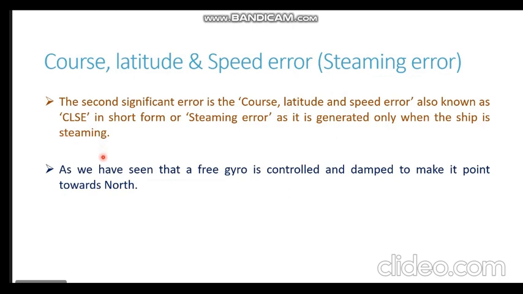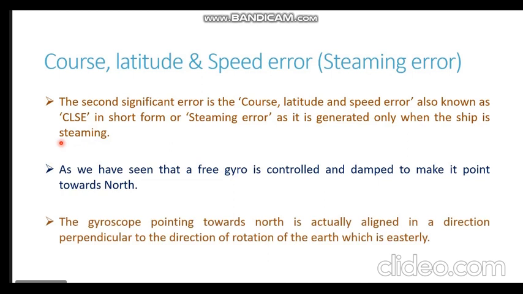When the ship is stopped, the error only appears when the ship is moving. The second thing is that this error is independent of the design of the compass. We saw the damping error was based on the design of the compass, but CLSE or steaming error is independent of the design and is present in all types of compasses in case the ship is moving.